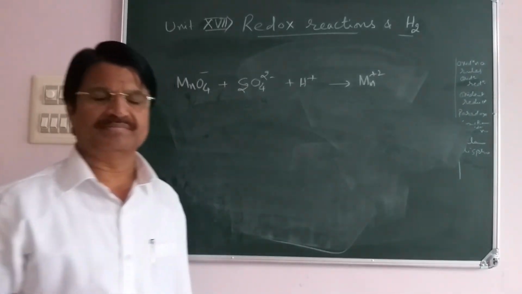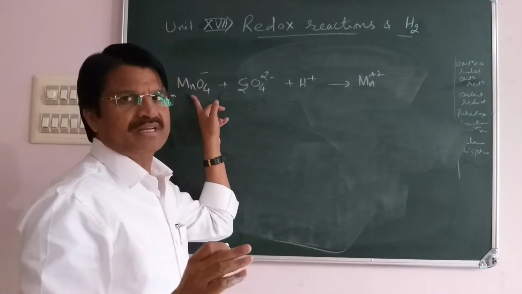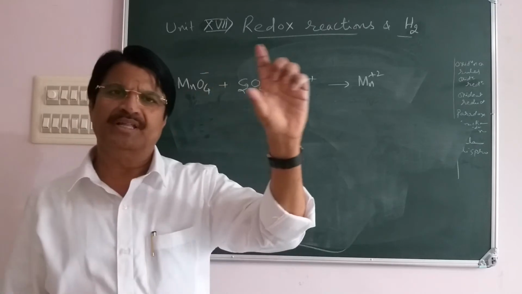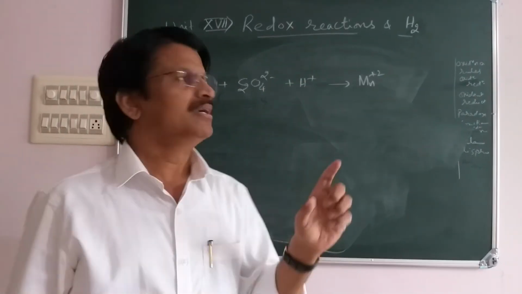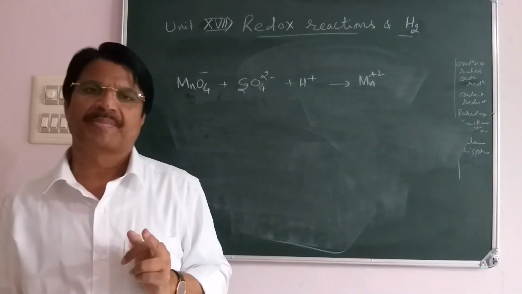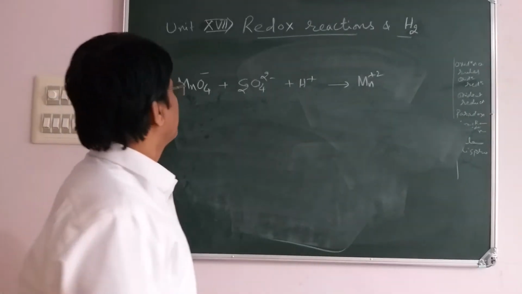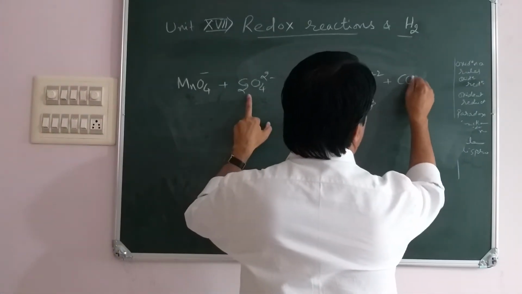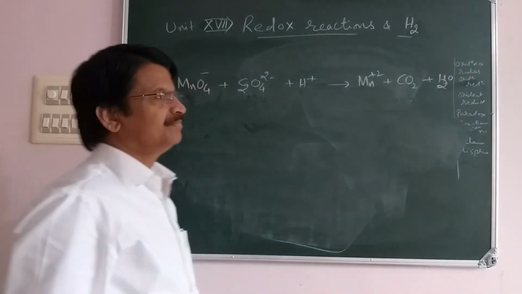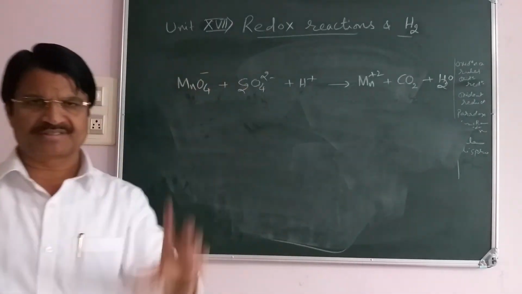In alkaline medium or neutral medium, permanganate ion changes into MnO2. Remember, it is most important. In acid medium, this ion changes into Mn plus 2, and C2O4 becomes CO2, and H and O combine to give H2O.